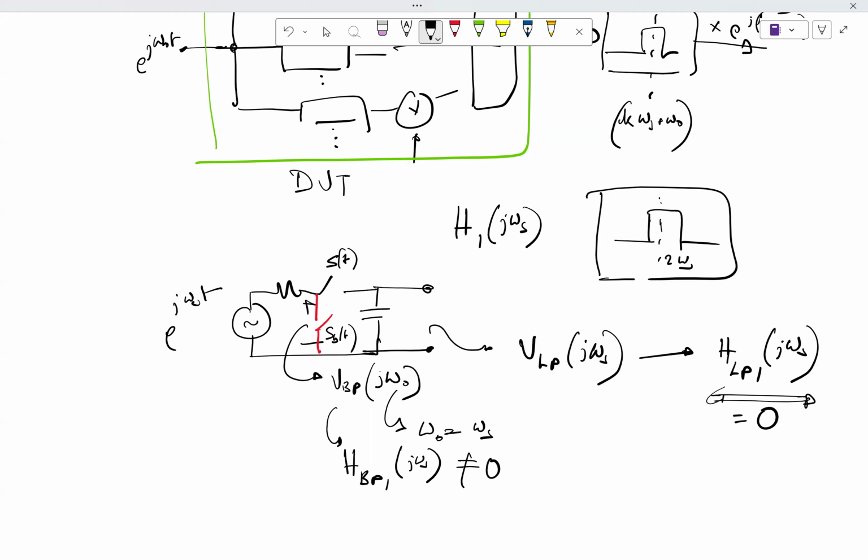Whatever you have at DC is going to spread around, and it will get replicated at multiples of the switching frequency. So at omega s and 2 omega s, you are going to see non-zero outputs, because you are seeing non-zero outputs at DC across the capacitor. Does that make sense?